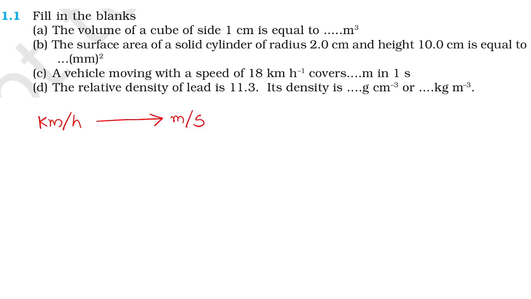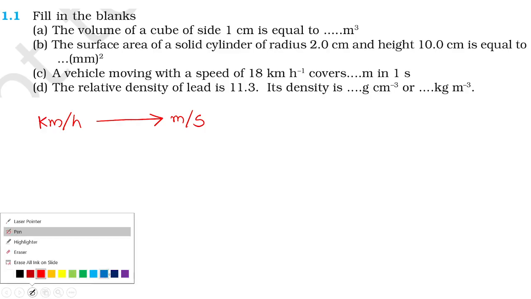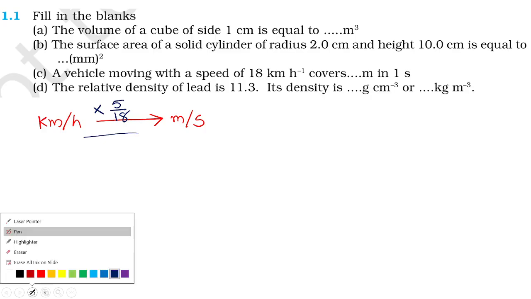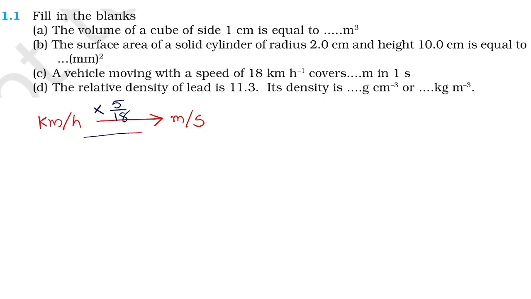Please memorize this. Kilometer per hour can be converted to meter per second by multiplying with 5 by 18. Please don't forget it.